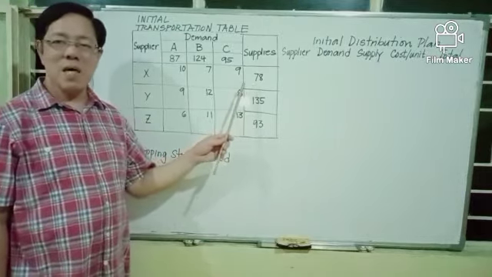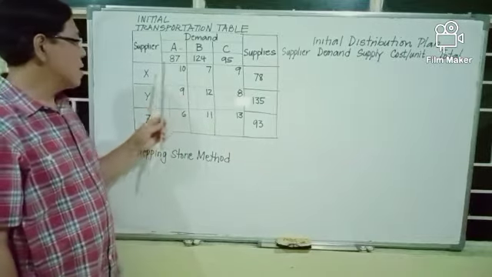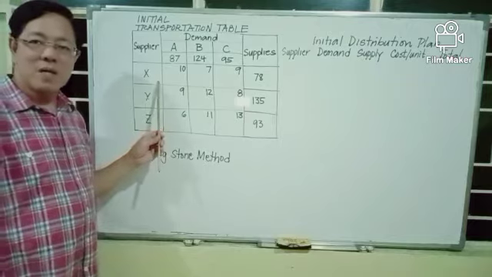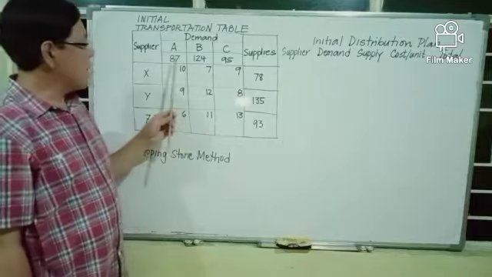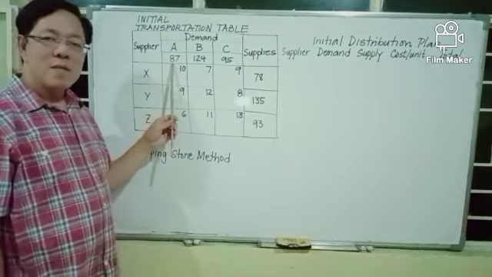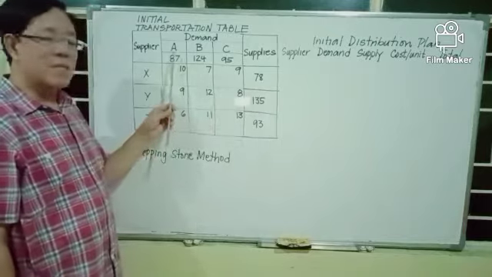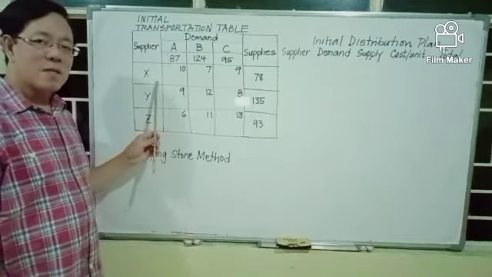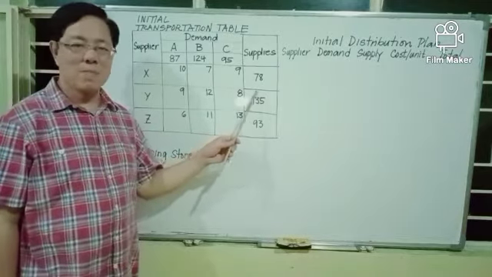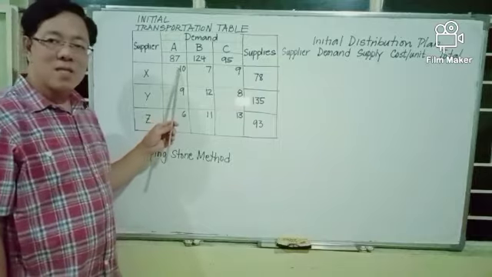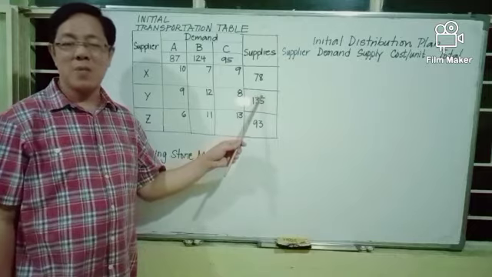That means we cannot get all the 87 units of demand of A from supplier X. If the demand of A were less than 78, then you could get all that demand from supplier X.